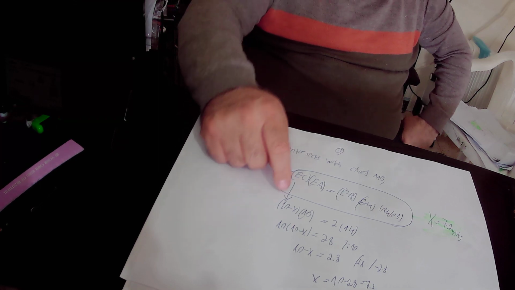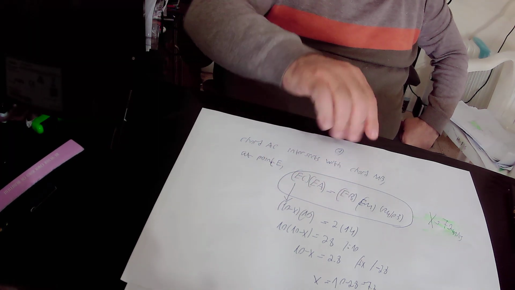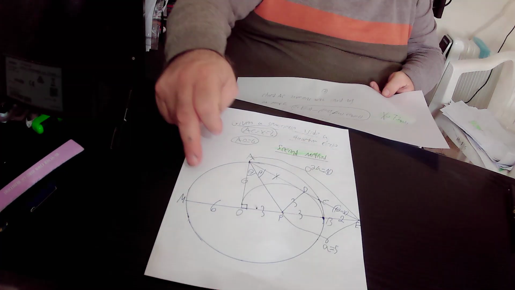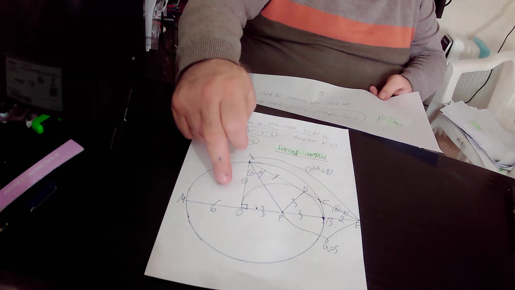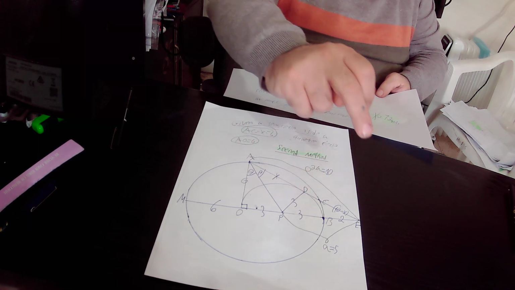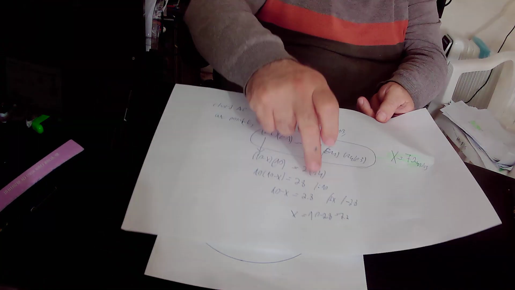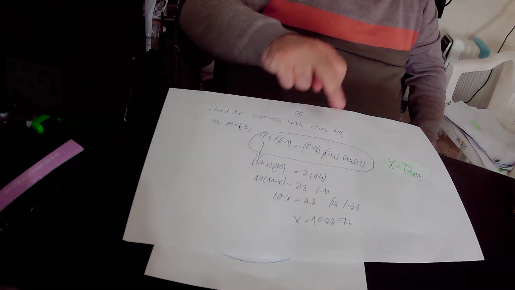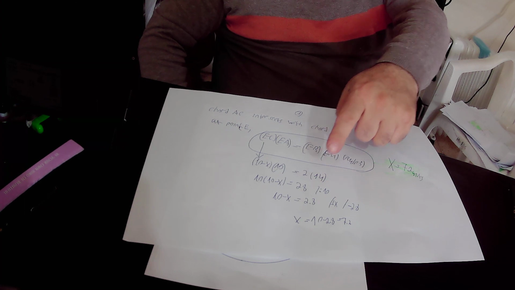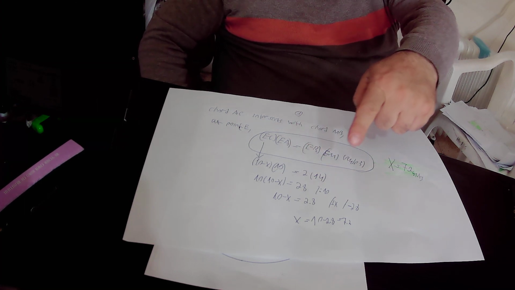EC equals 10 minus X, EA equals 10, EB equals 2, and EM equals 6 plus 6, that is 12, 12 plus 2 is 14. So in conclusion, EM equals 14. 2 times 14 is 28. So here we have 10 times 10 minus X equals 28.